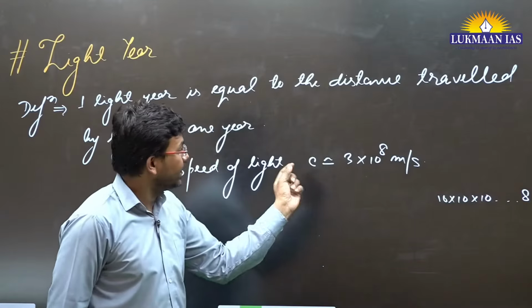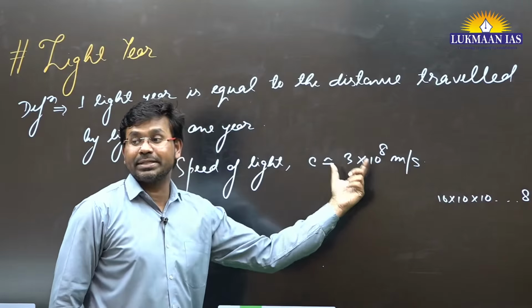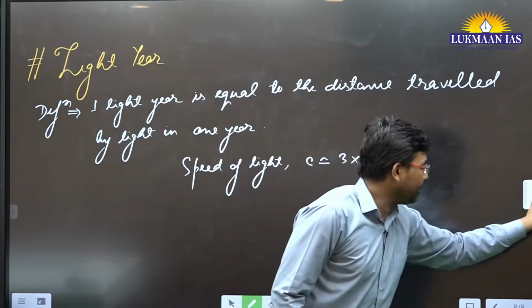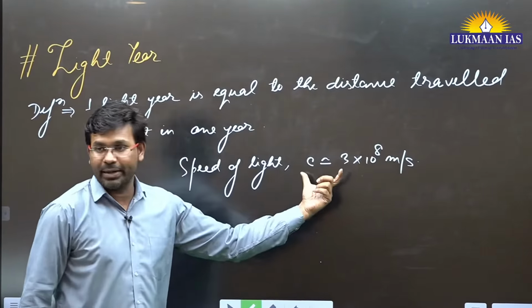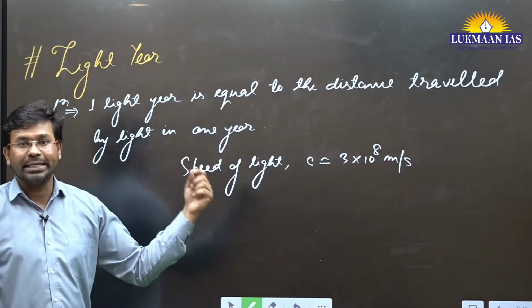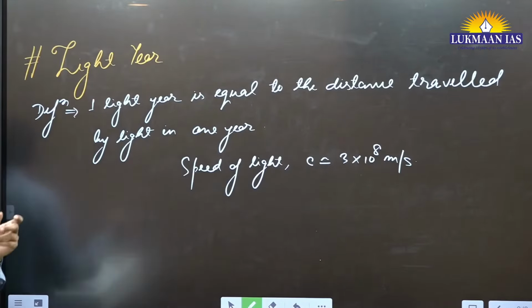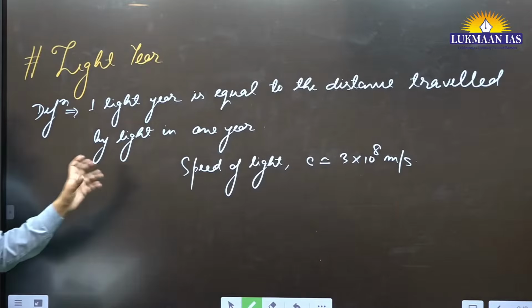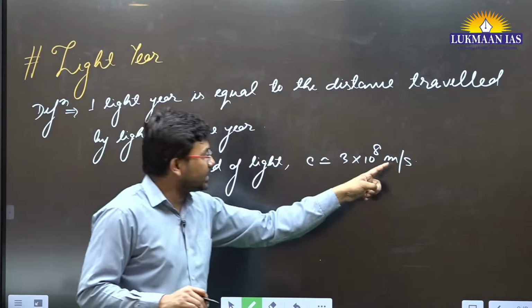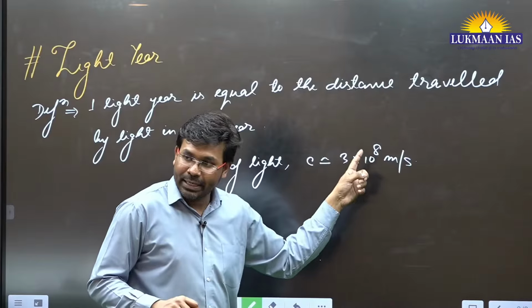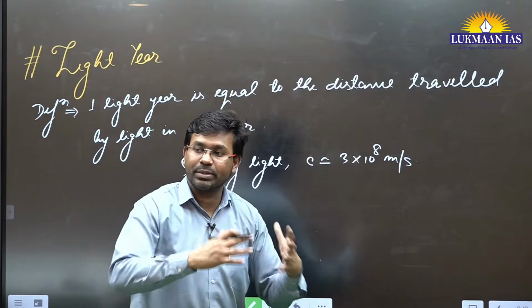So this is the distance that light travels in 1 second, which is 3 into 10 raised to power 8 meter per second. In kilometer terms, just divide this by 10 raised to power 3, and you will get kilometers.